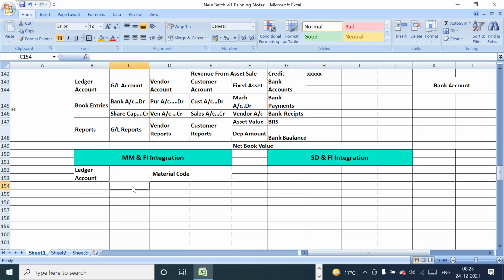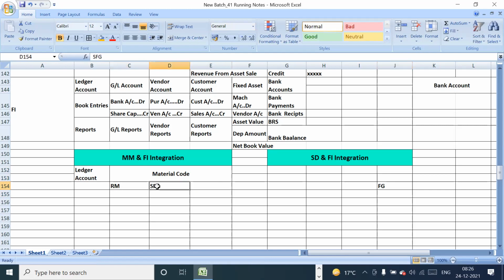They are going to use the raw materials, the SFG, semi-finished goods. And the finished goods are more important for the SD process. Sales people will take care of that.